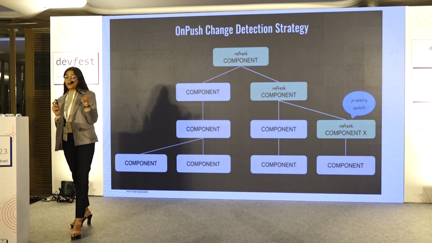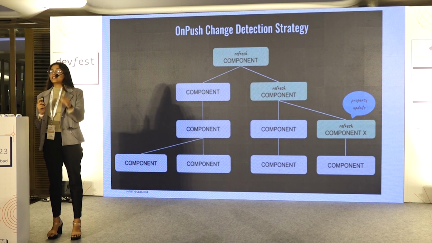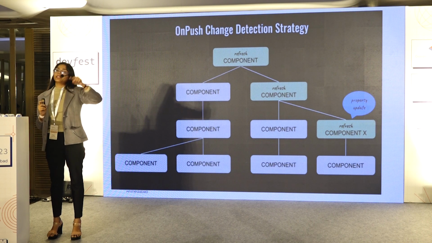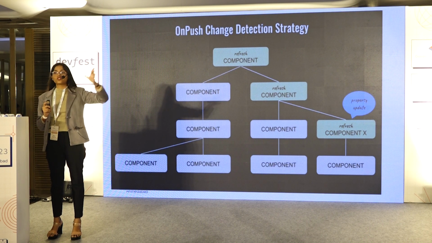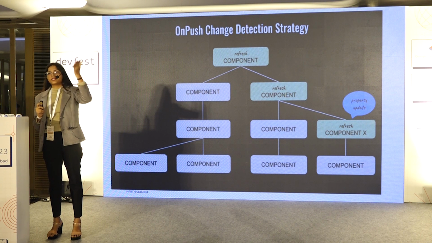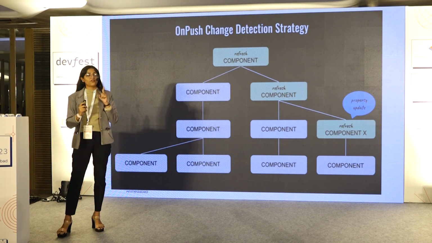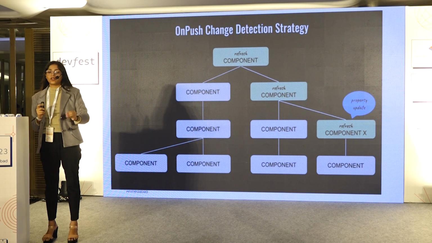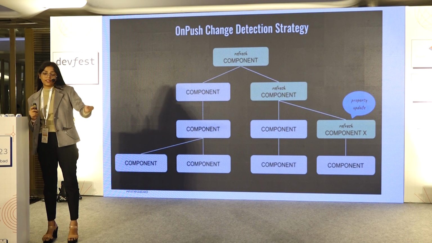So if on component X something has changed, then change detection strategy will run only for component X and its parent. So only the parent component is getting affected here. But one thing you should notice is that one more extra component is getting affected.